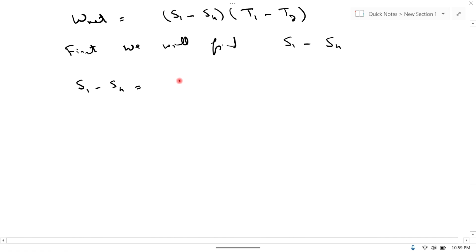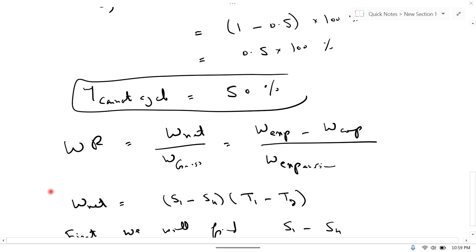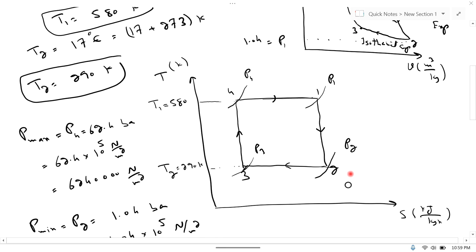So S1 minus S4 is S1 minus SA plus SA minus S4, where I define here a point A. Extend this to this point and then draw a constant pressure line. This line from 1 to A is isothermal, and from A to 2 this line is isobaric, a constant pressure process.